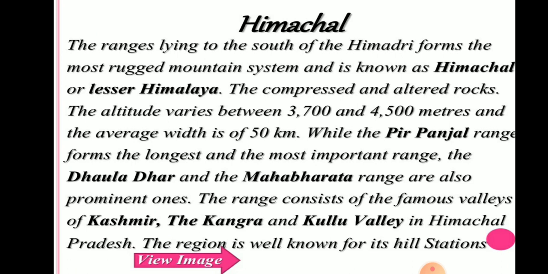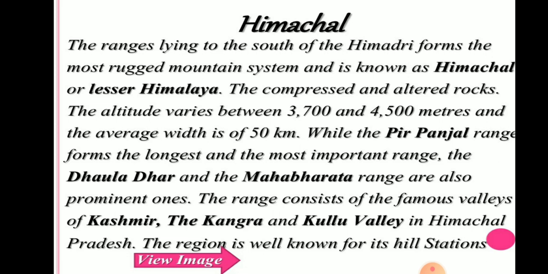The rocks of this mountain range are compressed and altered rocks, and the altitudes of this Himalaya vary from 3,700 to 4,500 meters, and the average width is 50 kilometers. Here we have important ranges like Pir Panjal, which forms the longest and the most important range in Himachal.